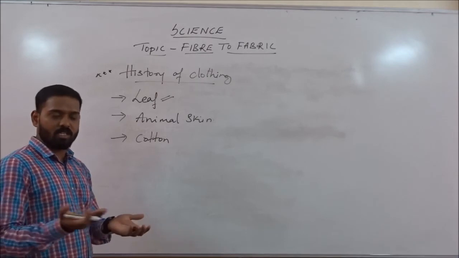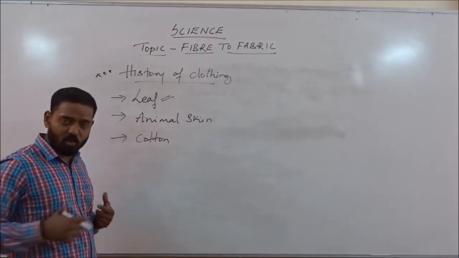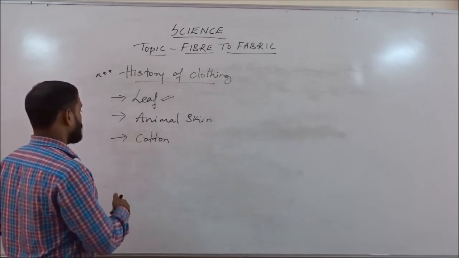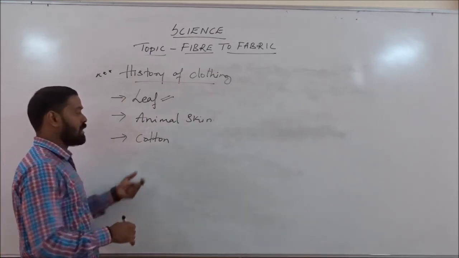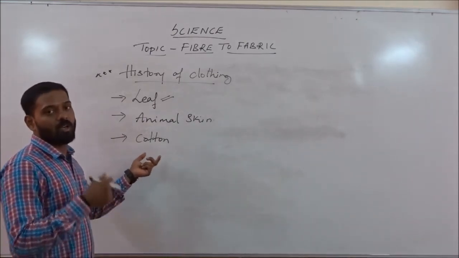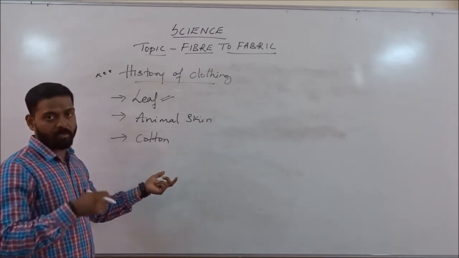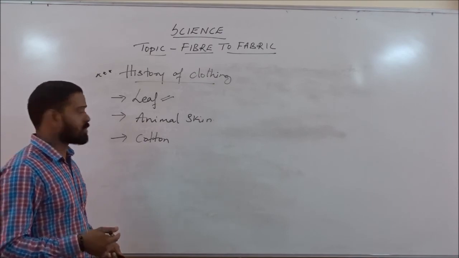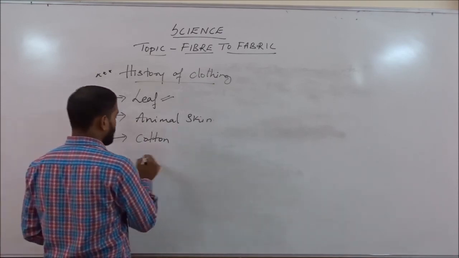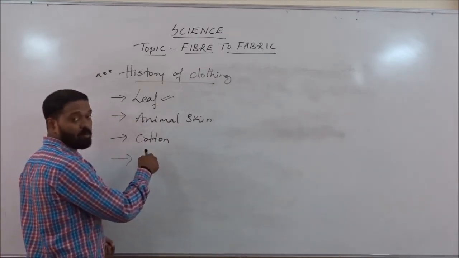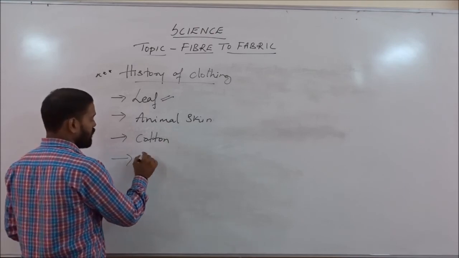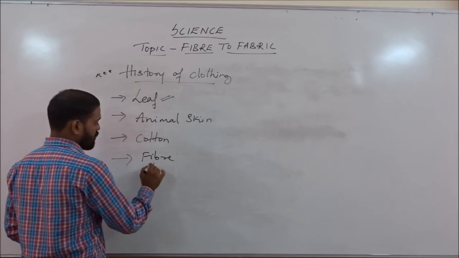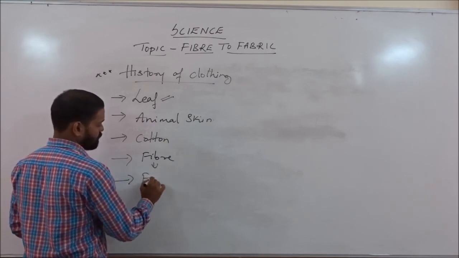They would combine all the cotton and wear it. In the coming generations, they used cotton and animal fibers, converting the fibers, and ultimately the fibers were converted into fabrics.